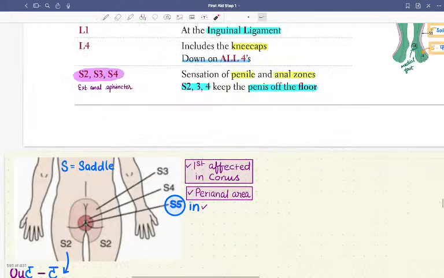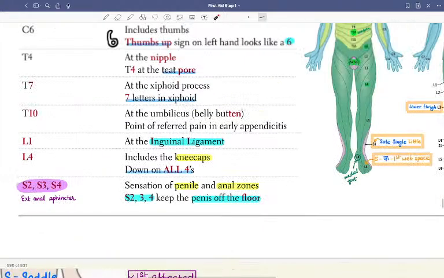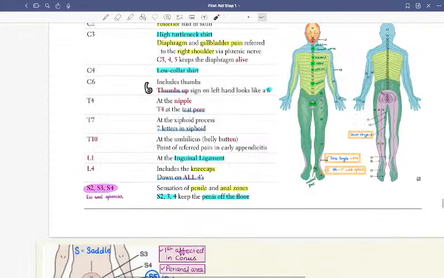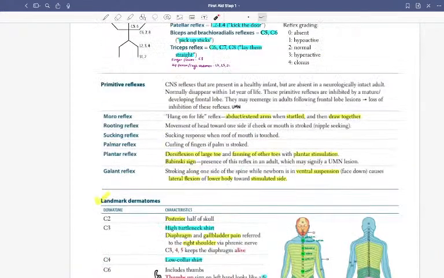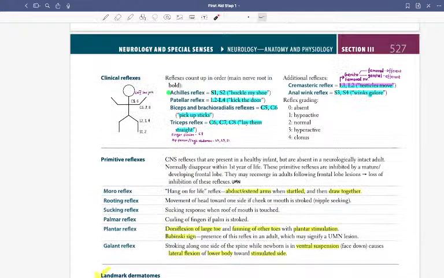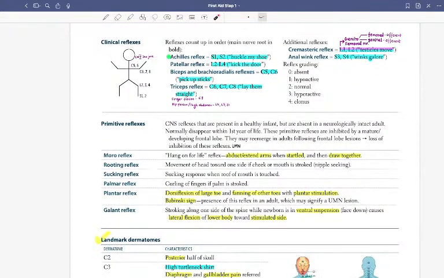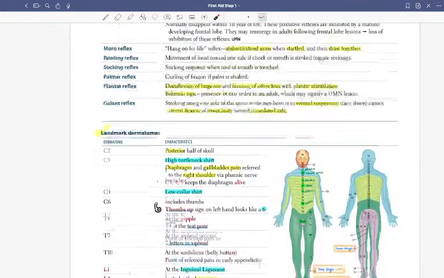So this is done. It can be very difficult to remember, but we have to. And this was S3, S4, the anal wink. S4, 5 was the innermost, S3, S4 was just outside it. So I think this is okay.